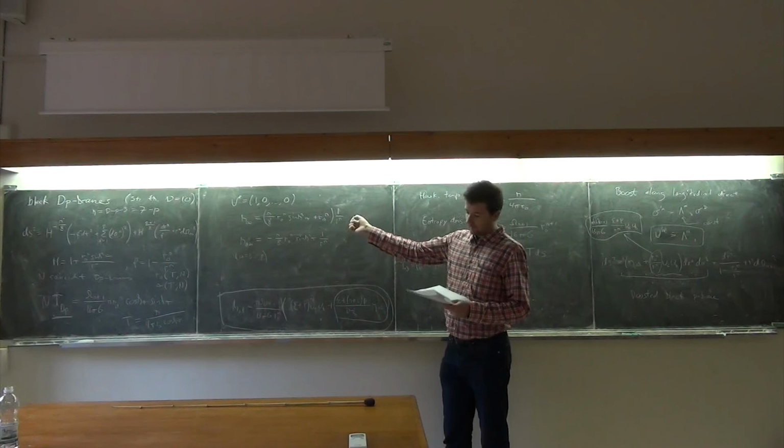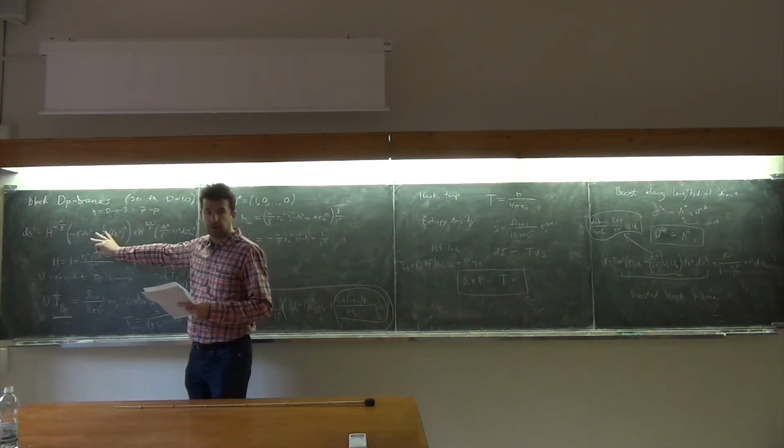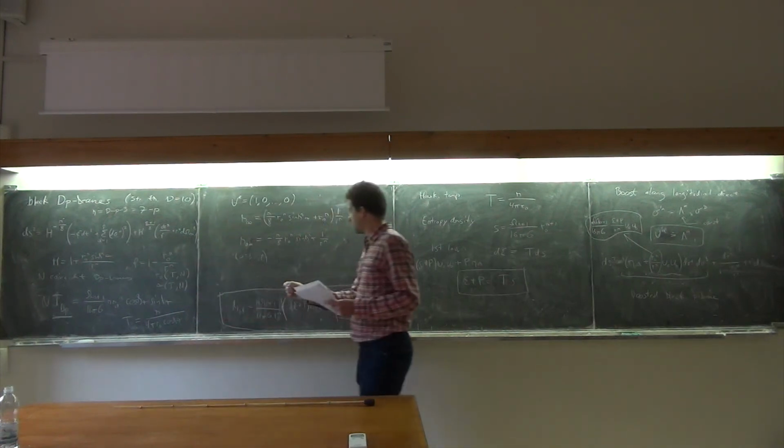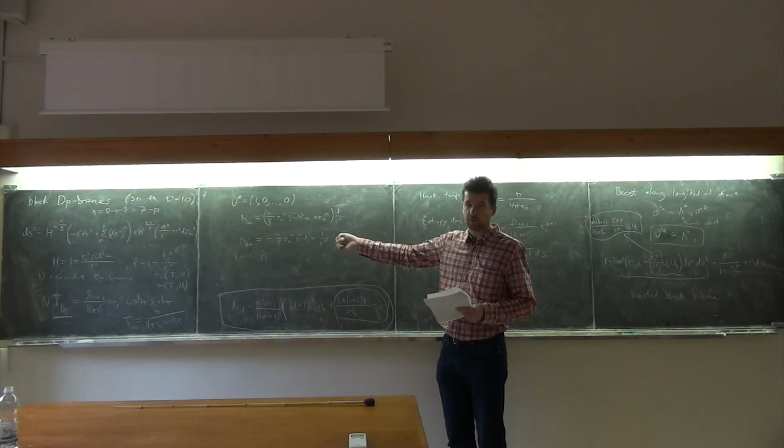In the time direction, it's this, which you should be able to read off directly from this, right? I hope. And the special longitudinal directions along the world volume, it's that.